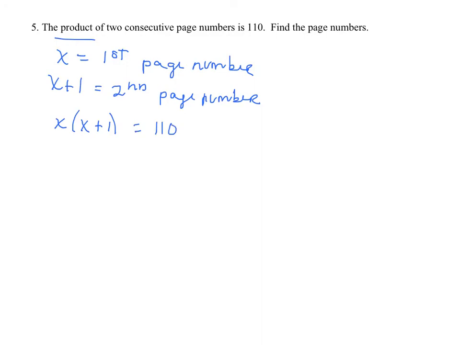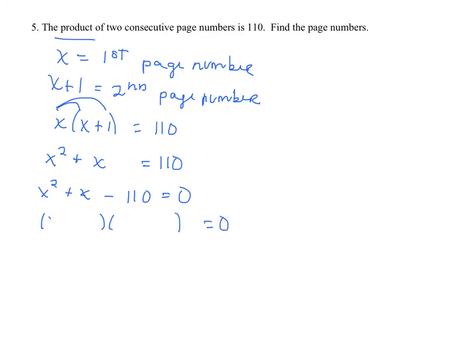Now, this is what I want to see. I want to see the process. I don't want you just to get the answer, because I know that most of you can see what the pages are. I'm going to distribute this x through, set it equal to 0, and you're like, when do we know we have to set it equal to 0? When there's an x squared in the problem that doesn't leave. You set it equal to 0 and factor. So we are going to factor this, and you're like, this is a no-brainer.